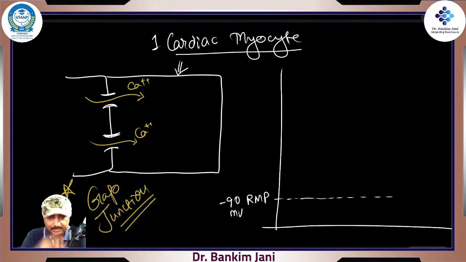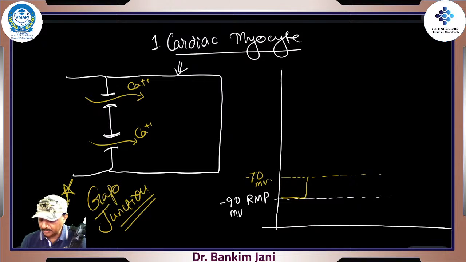Because of the gap junction, those positive ions come inside. From minus 90, the potential gradually rises and reaches a new level. Let's say this new level is minus 70 millivolts.